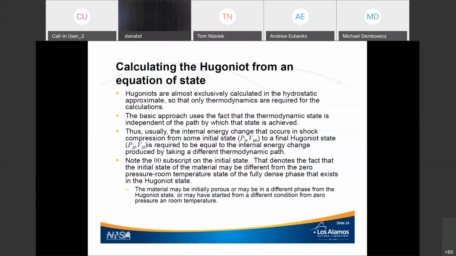It only cares what it is. Usually in a shockwave calculation, the internal energy change is what we're going to use. So we equate the internal energy at some pressure volume state, which I'll call PH and VH for Hugoniot pressure and volume, to some initial state, P naught and V double naught. There's a reason for this double naught.